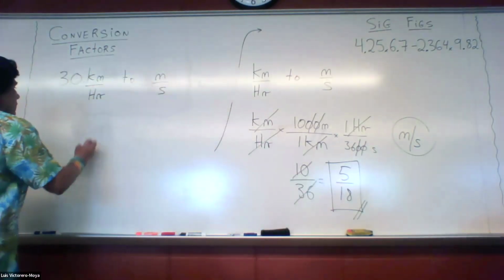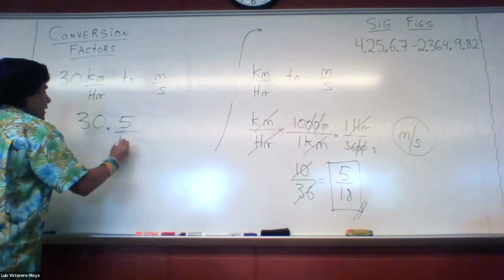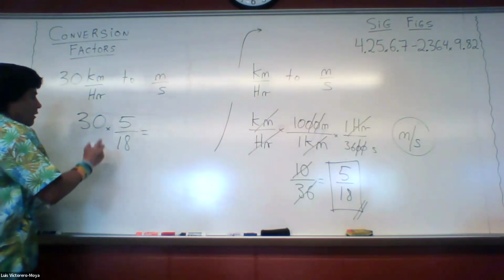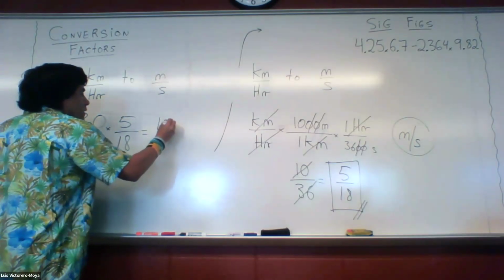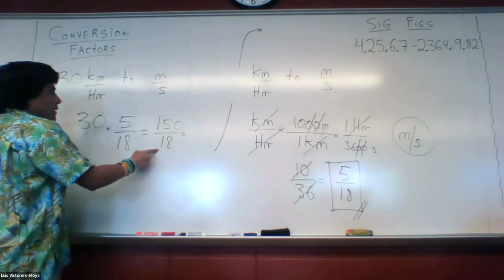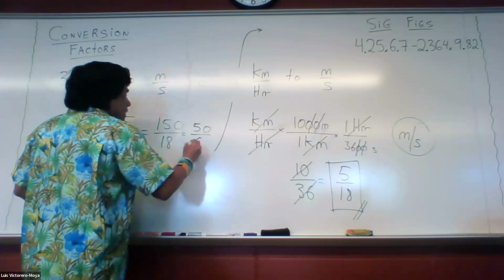You just multiply 30 by 5 over 18. Now, let's see. This is like 150 over 18. And this divided by 3, this will be 50 over 6.